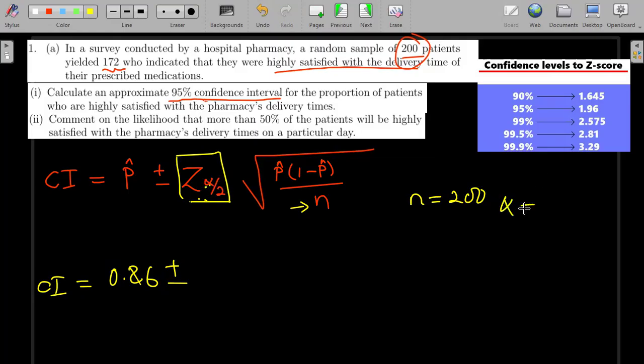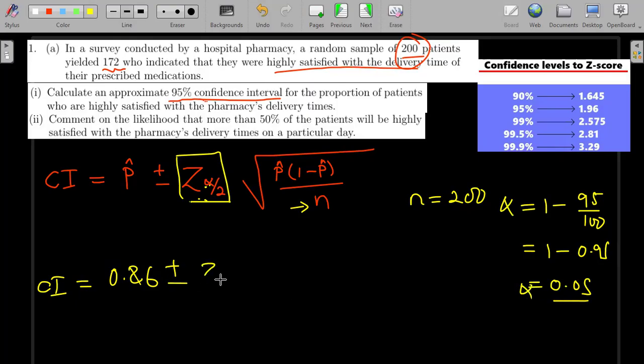Alpha is equal to 1 minus the confidence level divided by 100. The confidence level there is 95, I divide this by 100, so this will be 1 minus 0.95, that will be 0.05. So that will be my alpha.